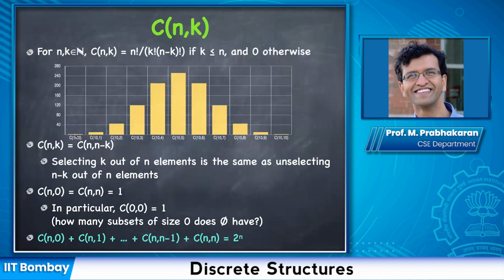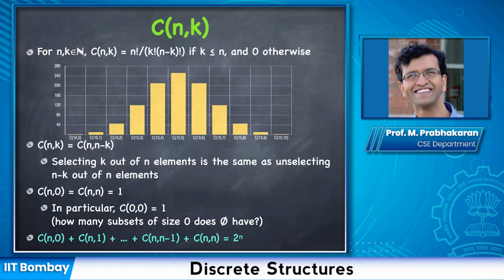Another interesting thing to notice about C(n, K) is that if I fix an n and sum up C(n, K) over all K from 0, 1, 2, 3, all the way up to n, so in this picture I sum up the heights of all these bars, what I would get is 2 to the n. And why is that?